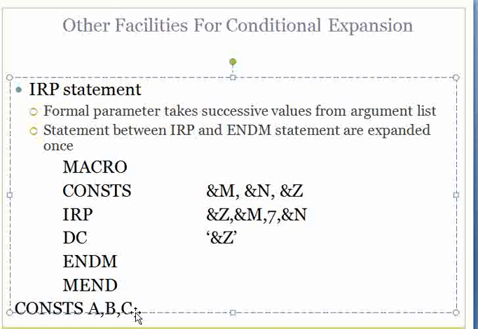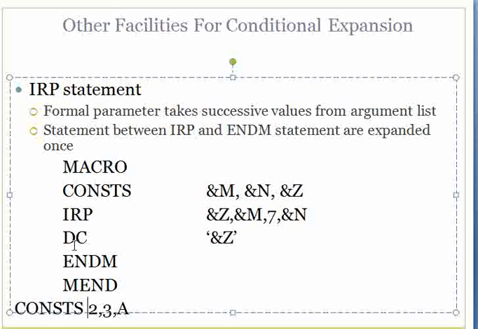Let's do it like this. Suppose I have a macro call where M is 2, and then N is 3, and then let's say Z is A. So M will take the value 2, of course it has to be a literal 2, N will take the value 3 and Z will take the value A. So when I have a statement like IRP, first Z will take the value for M. What is M?